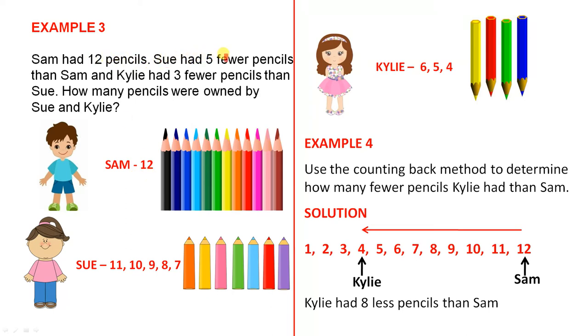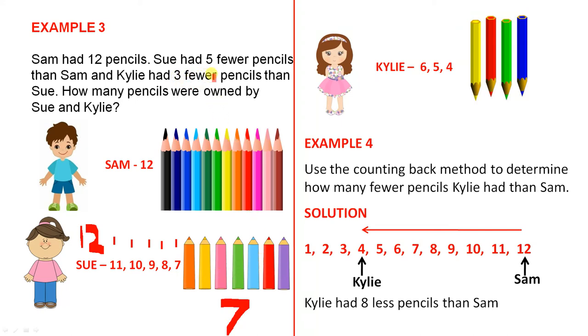Sue had 5 fewer pencils than Sam. Okay, so if we remember, Sam had 12, so we keep that in our head, and we count back 5 places from 12. 1, 2, 3, 4, 5. So Sue has 7 pencils, and there they are. That's her 7.